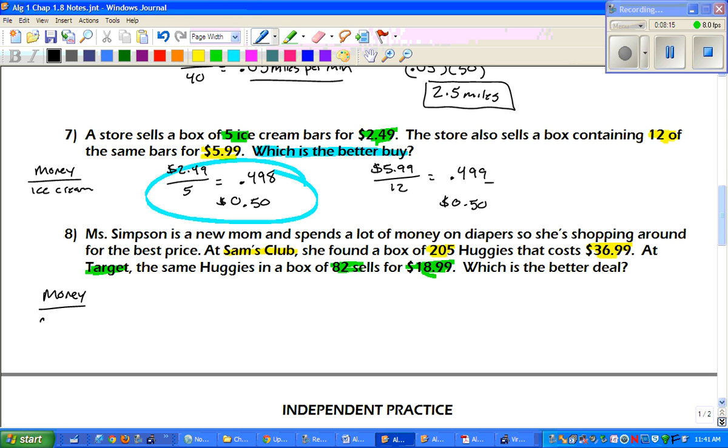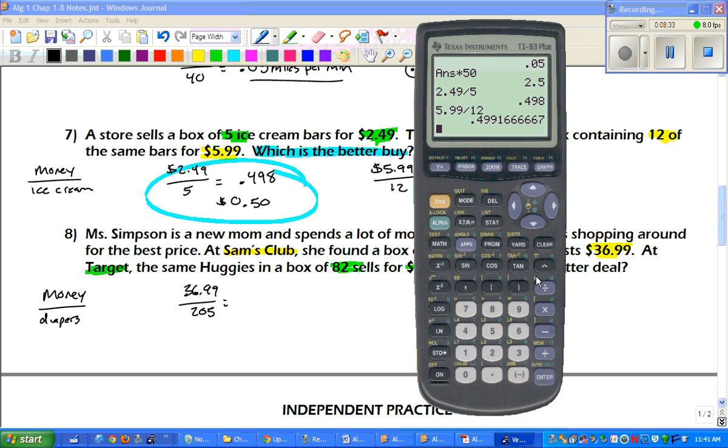So money on the top, diapers on the bottom. There's our first one. I'm going to set the 2 of these up first. And now let's find out what we get.